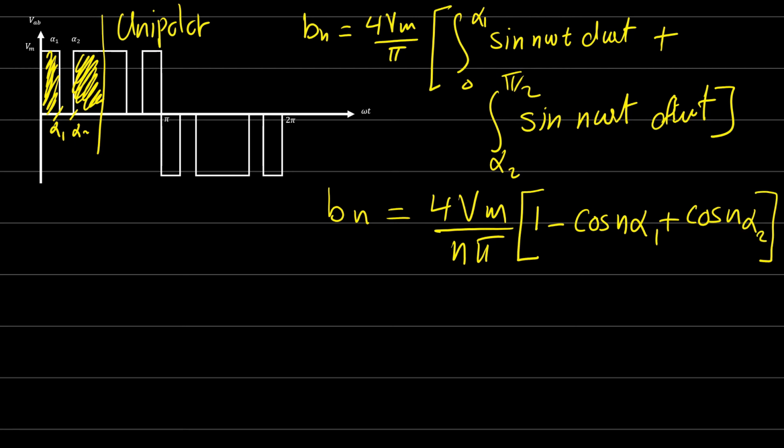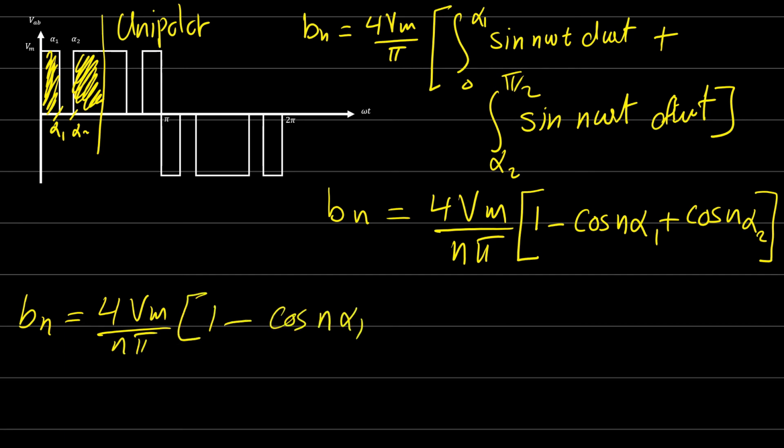If you try to extend this for m pulses, you'll find that Bn is equal to 4V maximum over n pi times 1 minus cosine n alpha 1 plus cosine n alpha 2 minus cosine n alpha 3 plus cosine n alpha 4 minus cosine, and so on and so forth.